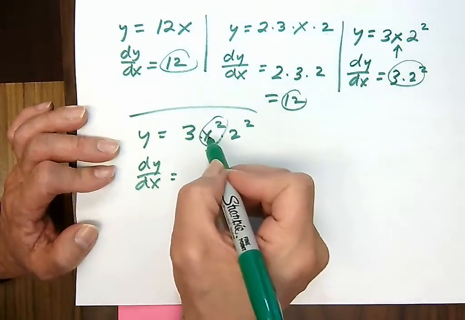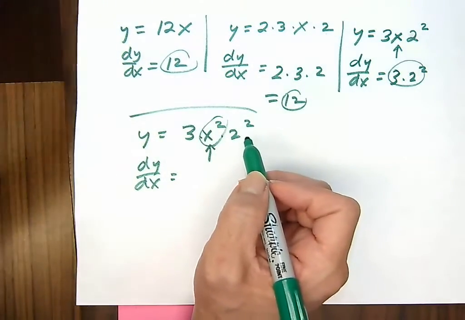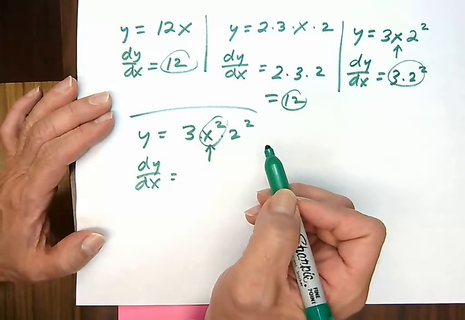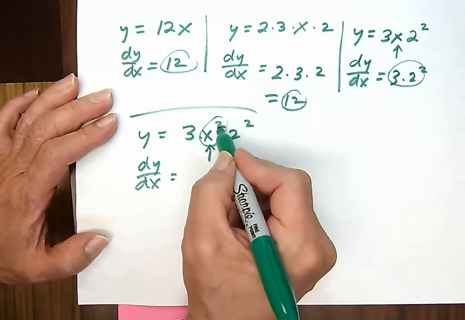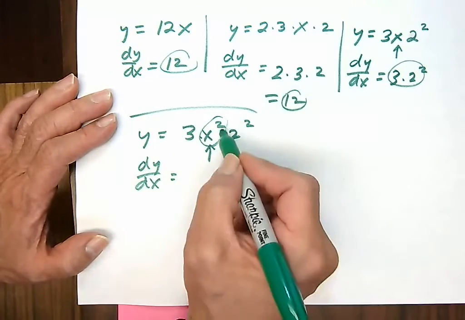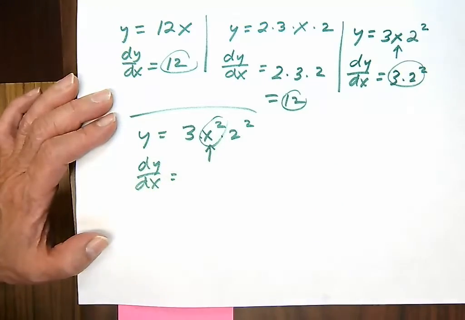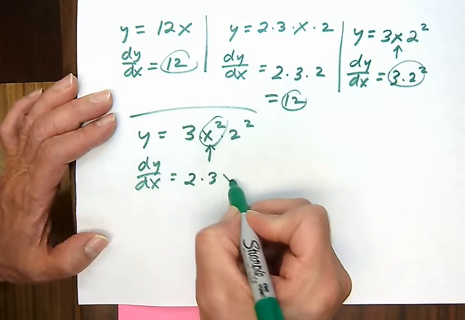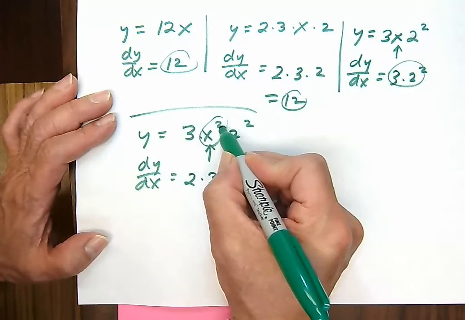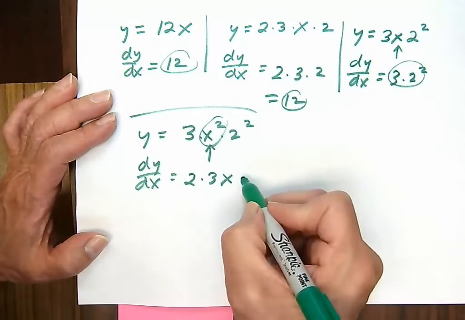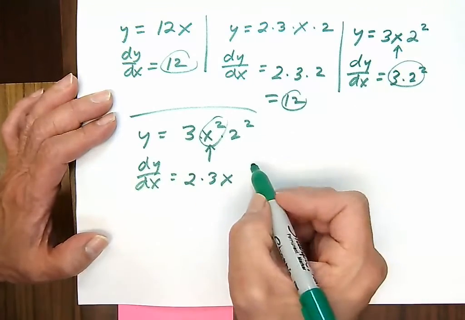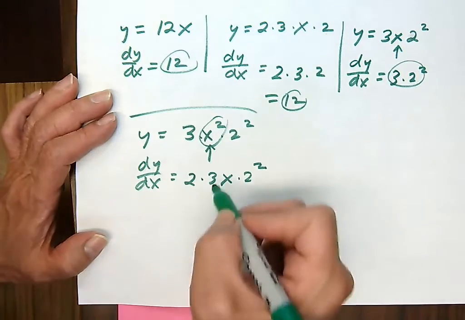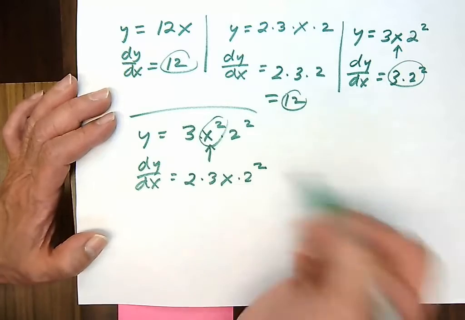I know that I have x squared and some coefficient of x squared, which is basically the number that x squared is multiplied by. So using the power function rule, I bring down the 2 and multiply it by the coefficient of x, but here the coefficients of x are spread out. So I'm going to write 2, bring down the 2 times 3, rewrite the x, reduce the exponent by 1, 2 minus 1 is 1, and rewrite the rest of the coefficient of x. In this case, it appears to the right of x, which is just 2 squared. And so the answer would be 6 times 4, 24x.